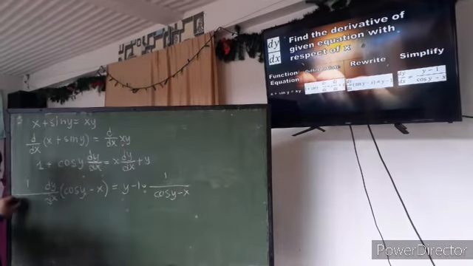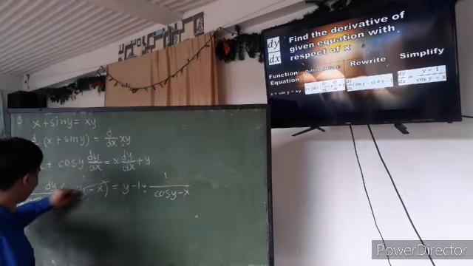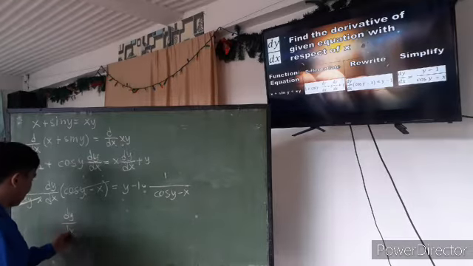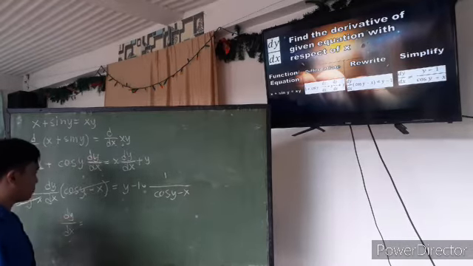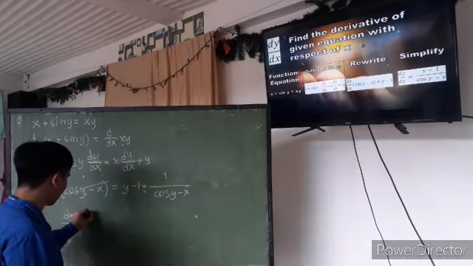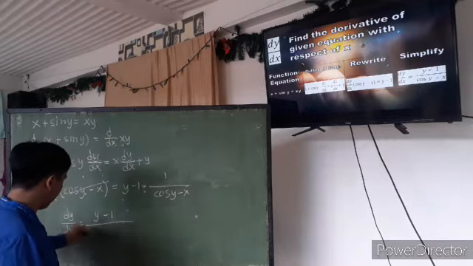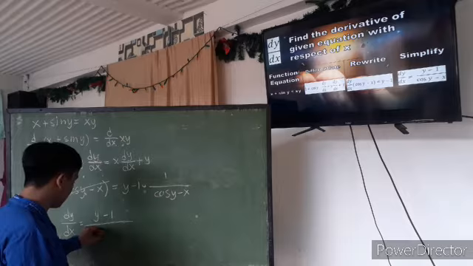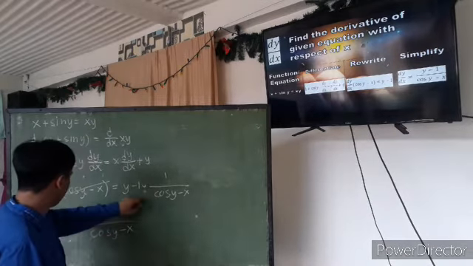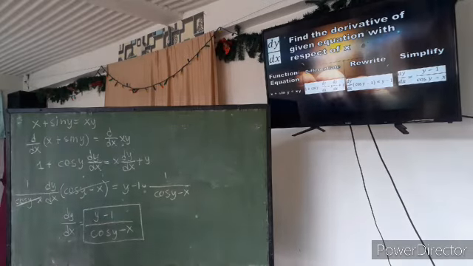Cancel here. Now we have found the derivative of y with respect to x. The derivative of the function y with respect to x is y minus 1 over cos of y minus x. That is it. A very simple formula.